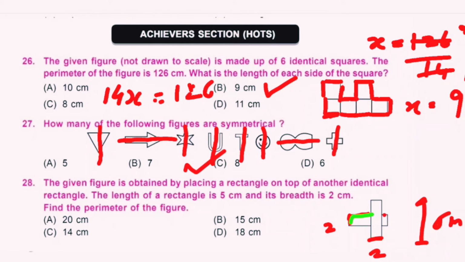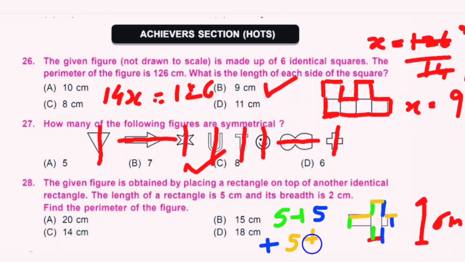So we take this and this. Okay, this will be 5 cm. This side and this side. This also 5 cm. Now this side and this side.